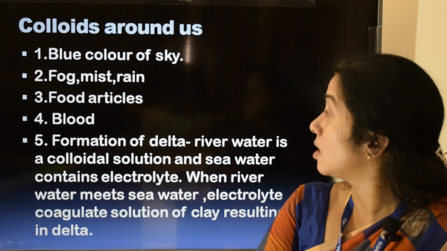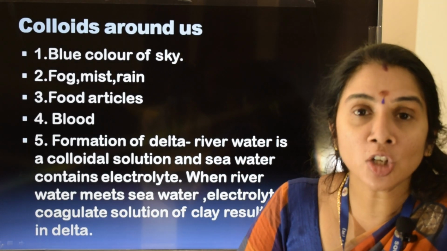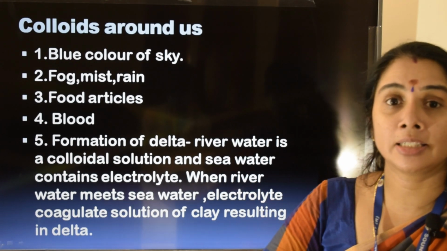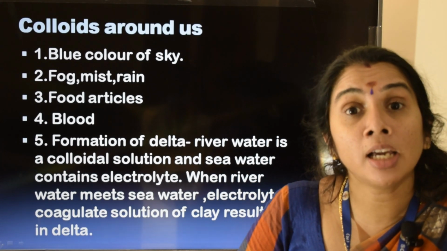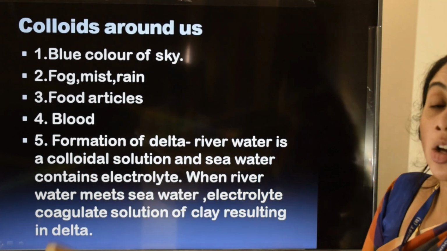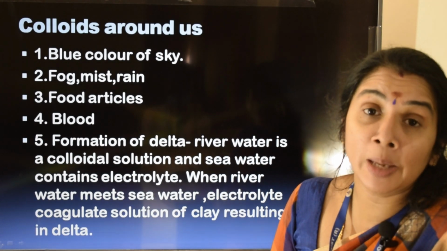Then comes the last, which is known as formation of delta. So formation of delta is also a colloid which is around us. So what is a delta, or how is a delta formed? Let us discuss that. See, river water is a colloidal solution of many negatively charged clay particles.